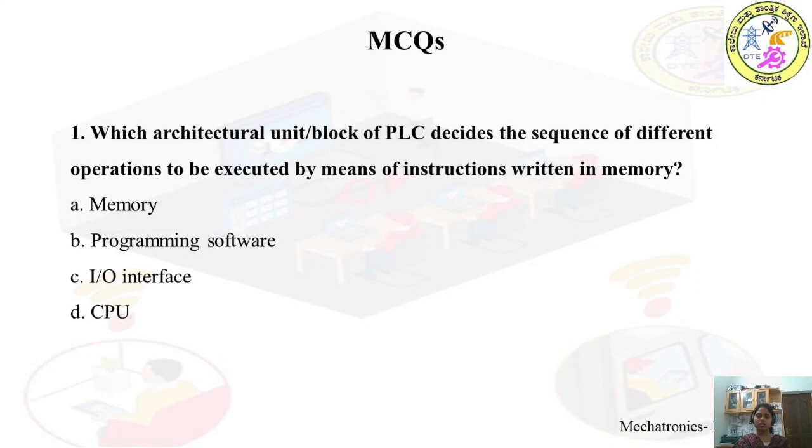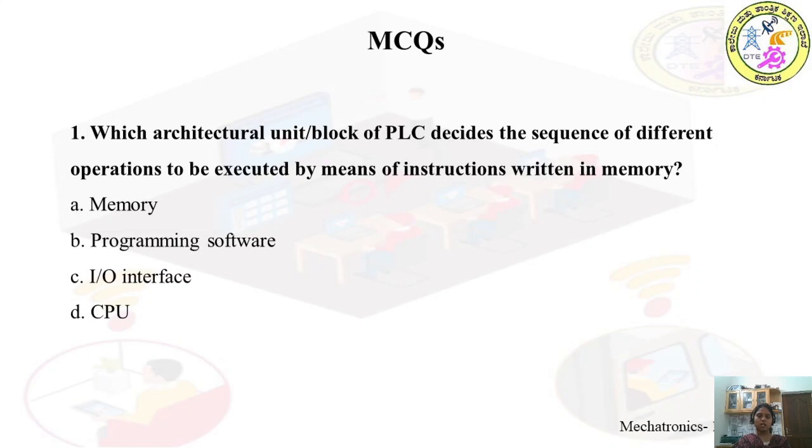We have different types of memory, not only ROM and RAM, but also EEPROM, EPROM, etc. ROM is permanent memory, and RAM is the temporary memory where we write the programs and store the data. Then we have seen the buses. We have 4 types of buses: data bus, address bus, control bus, and system bus.